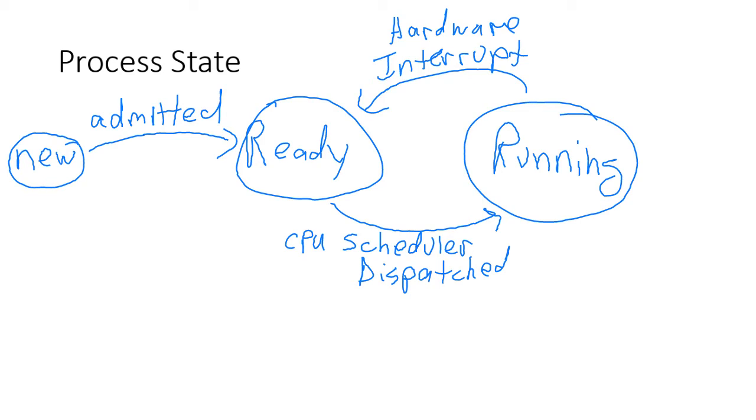So here we're talking about the situation where it's in the middle of executing instructions. It can still continue executing instructions. It doesn't have a reason for not. A hardware interrupt occurs.